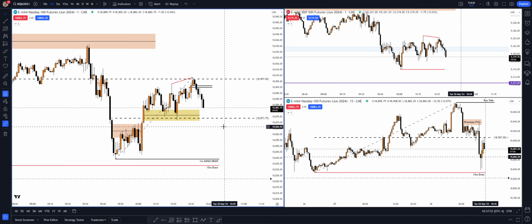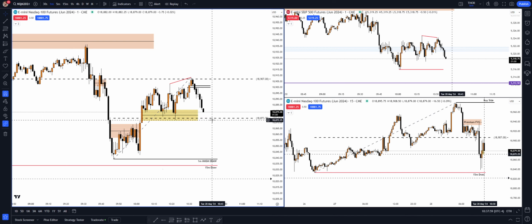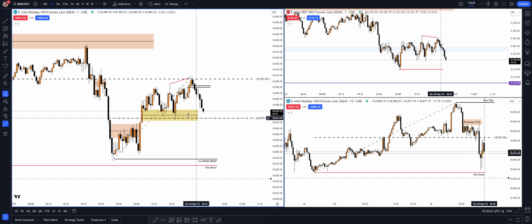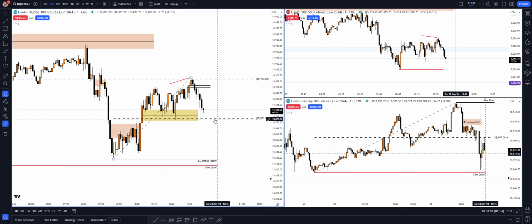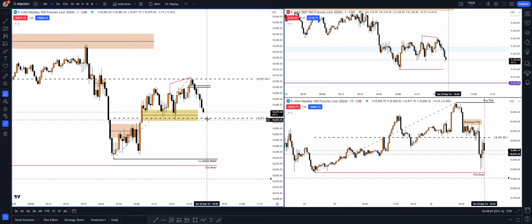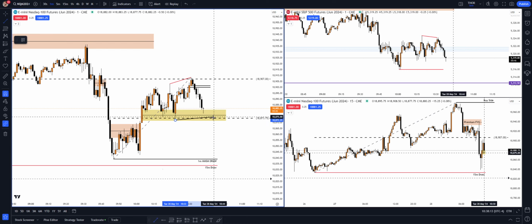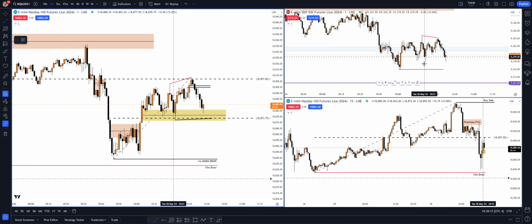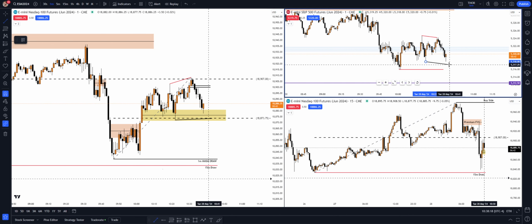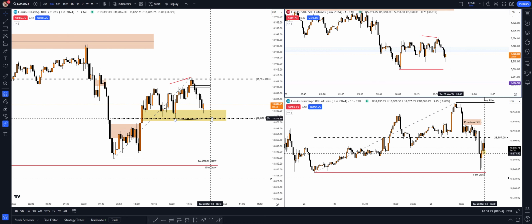Yeah, I think it's going to get down there by 11, hopefully. As long as it doesn't react off the range equilibrium of the short-term dealing range. So two things really I don't want to see here: S&T with this low, something like this, and a rejection of the EQ.